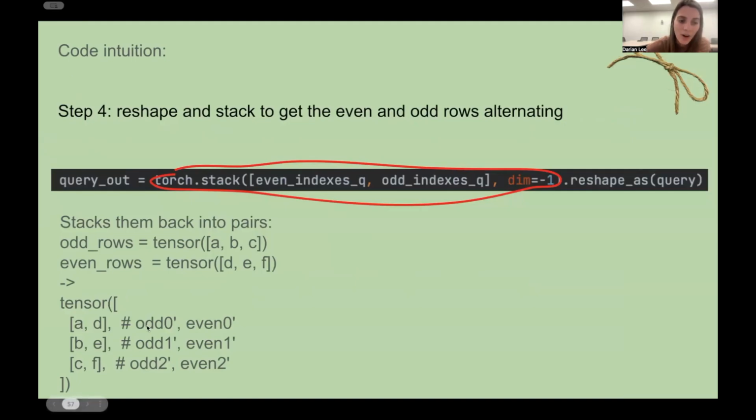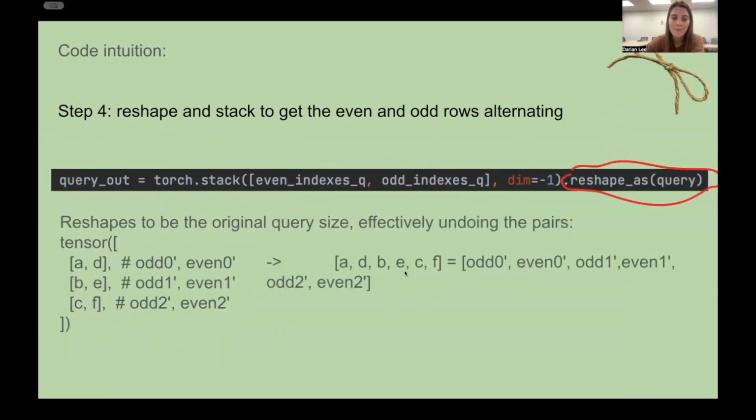So we have odd 0, even 0, odd 1, even 1, odd 2, even 2, and so on. Then when we reshape as query, we're essentially flattening these pairs into the same shape they were originally, which is just the normal query shape where everything is ordered in the way we would want them to be.